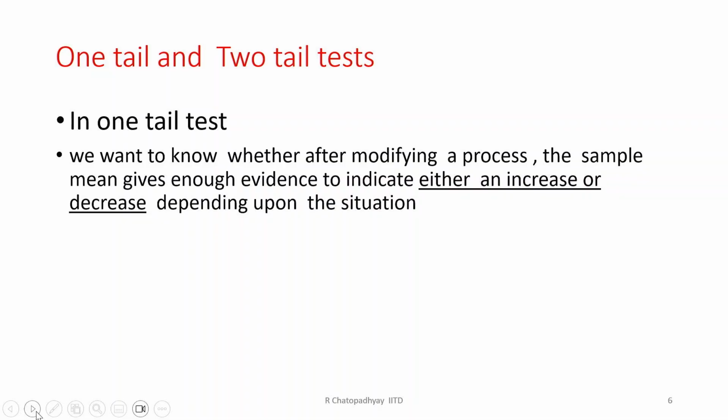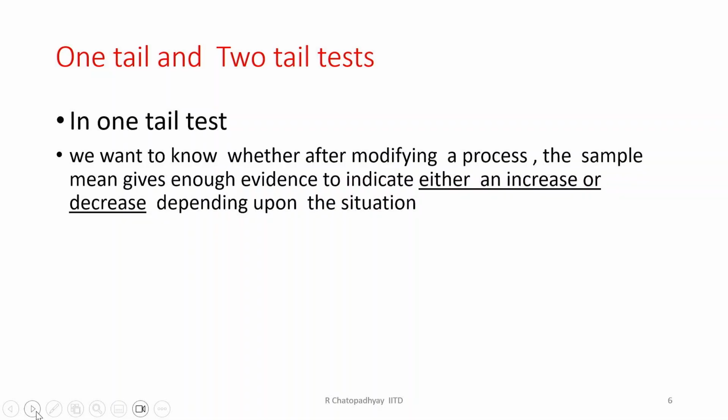See, the normal distribution curve, or standard normal distribution curve, has two tails, on the right hand side and on the left hand side. On the right hand side it goes towards infinity, on the left hand side also it goes towards infinity. And we call each such part a tail.